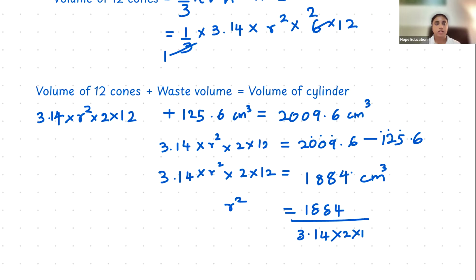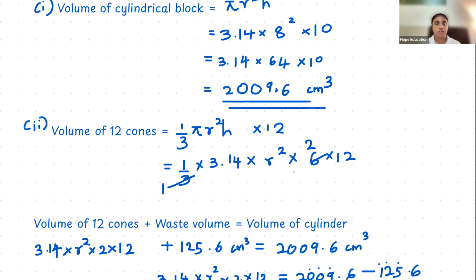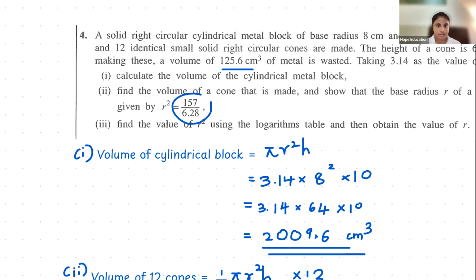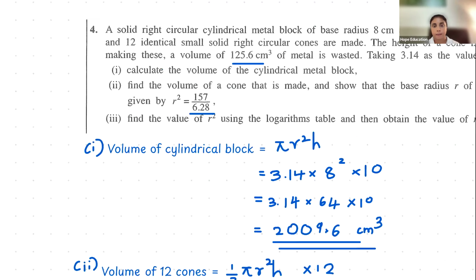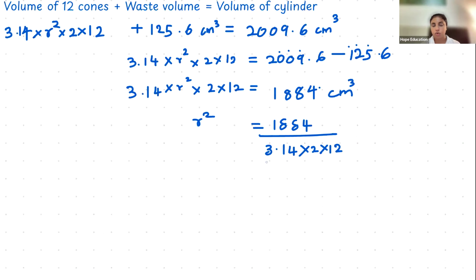Let's quickly go and see what they're asking us to prove. Something like this. Okay. Look, here at the bottom there is 6.28. In what we have to prove, here we have 3.14 multiplied by 2. 3.14 multiplied by 2 is 6.28, right?